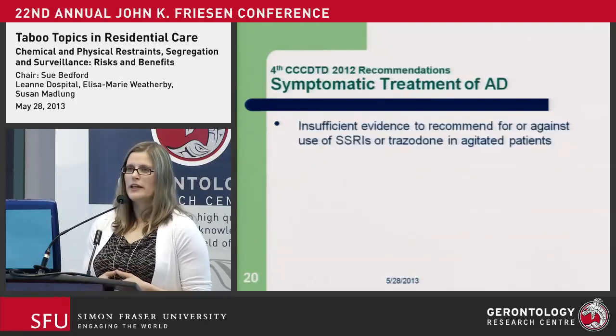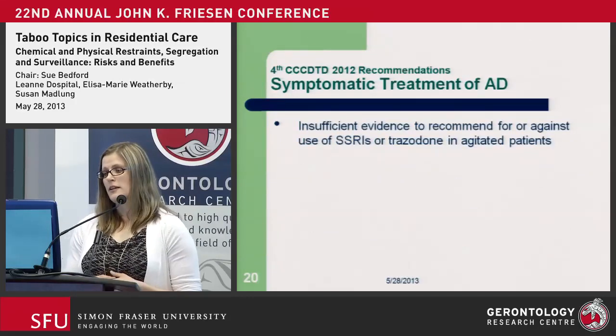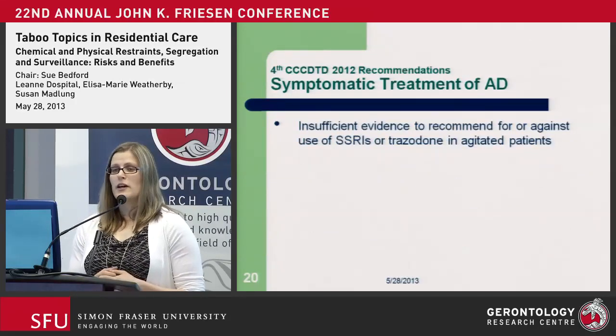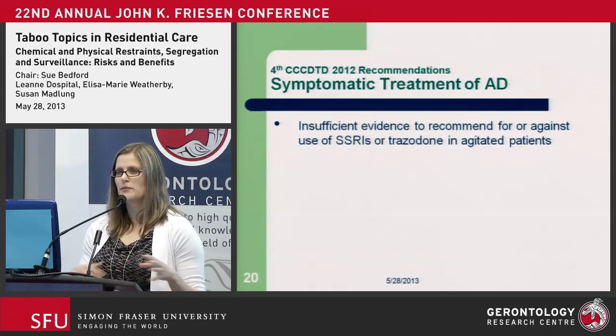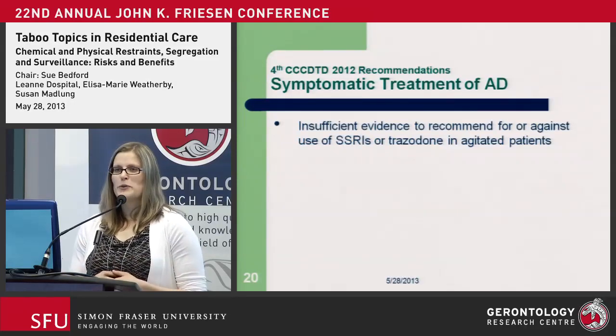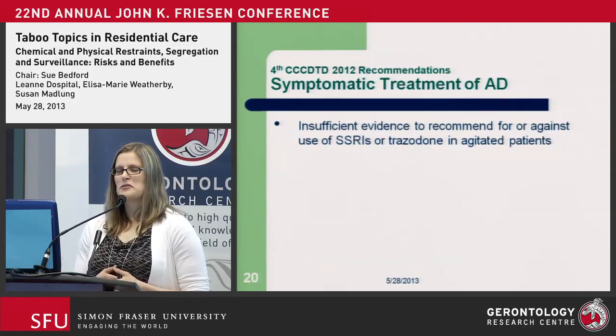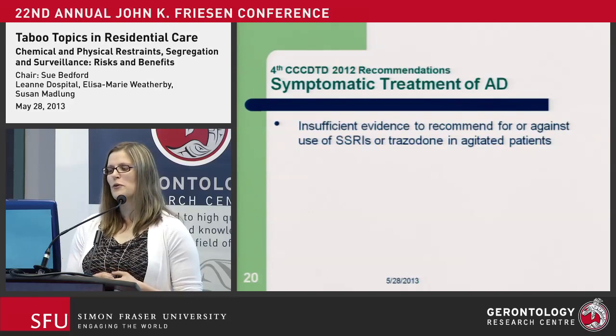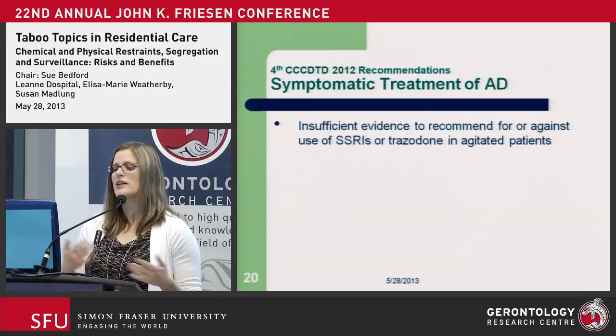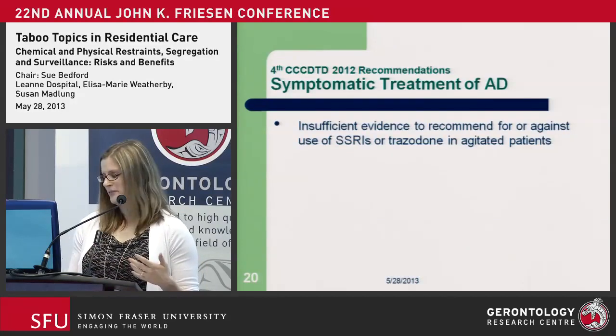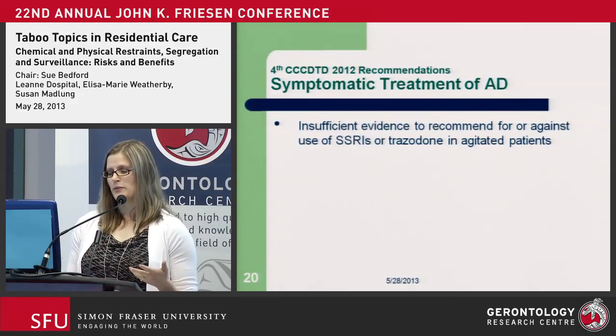So if we look at the Canadian consensus guidelines for the diagnosis and treatment of dementia from 2012, here's some caveat points. Even though we're using these medications to manage these behaviors, there's still insufficient evidence to recommend for or against use of SSRIs, trazodone in agitated patients. Okay, so we still don't know.